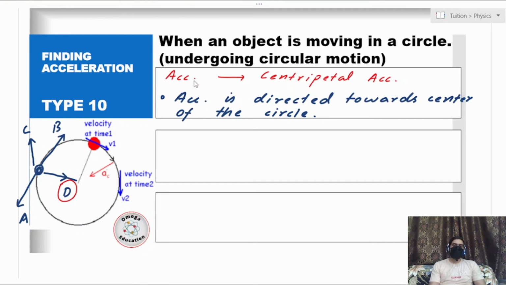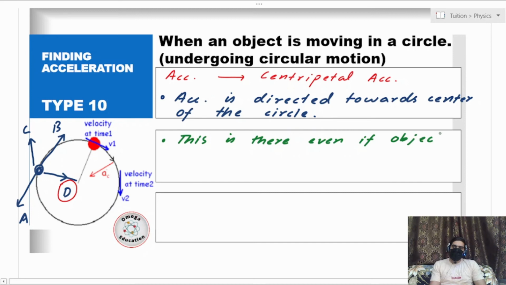The next thing that you need to remember from here is this acceleration, the centripetal acceleration, is there even if the object moves with a constant speed.